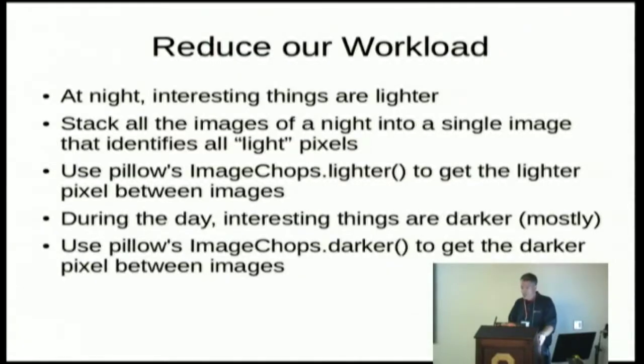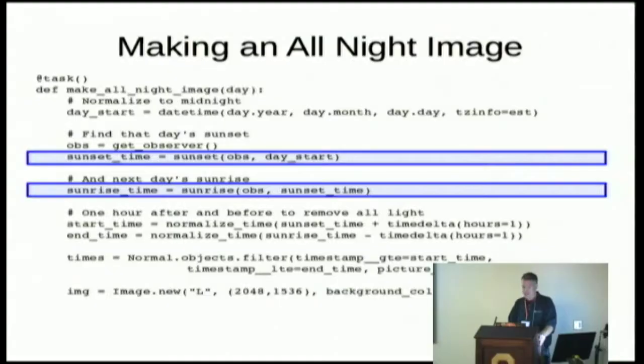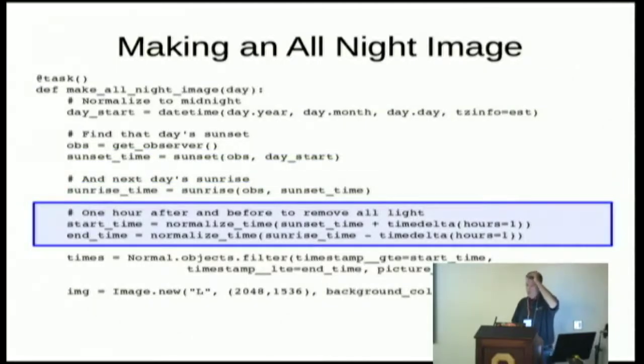So, in order to do that stacking, I get the sunset and I get the sunrise, but because of dusk, it's not completely dark yet, and it's not completely dark at sunrise and sunset. I basically say, I want an hour after sunset, an hour before sunrise, and stack every single image from that.